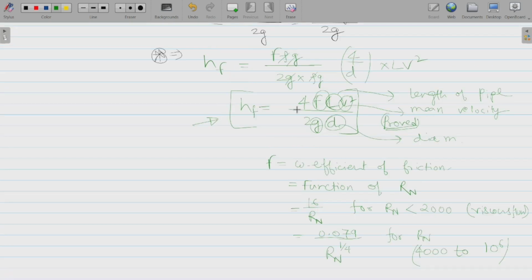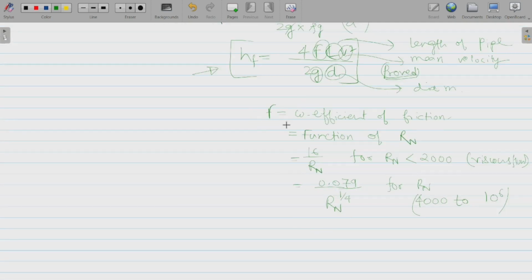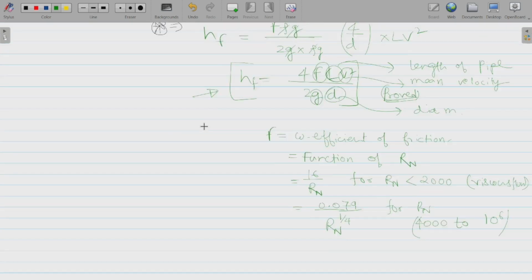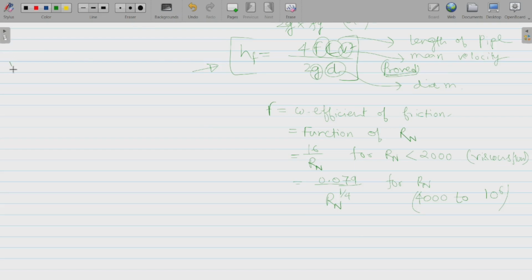Now if the value of the velocity is given, you can use this formula. But what if the value of discharge is given, and you are required to find the value of the head loss? So in that case, if the discharge is given, you know that Q, discharge, is equal to A into V, where V is the velocity and A is the area, and the area of this pipe will be pi by 4 into d square, as the diameter is small d.